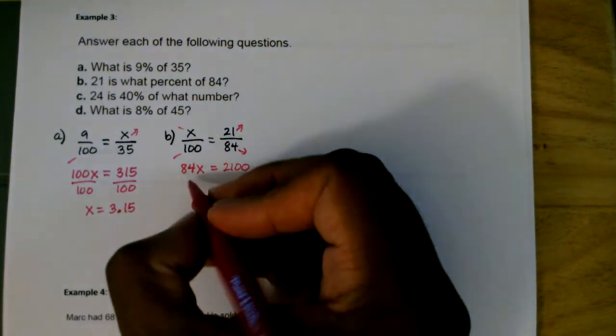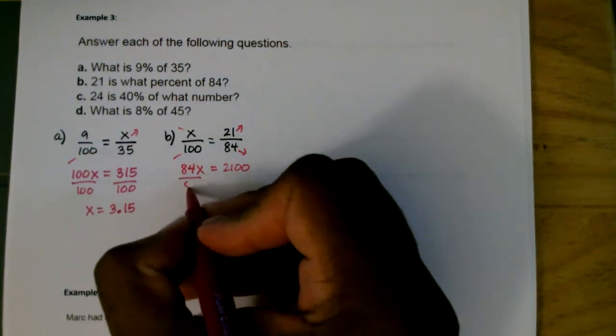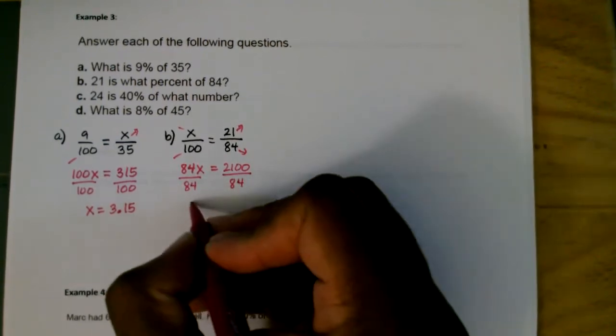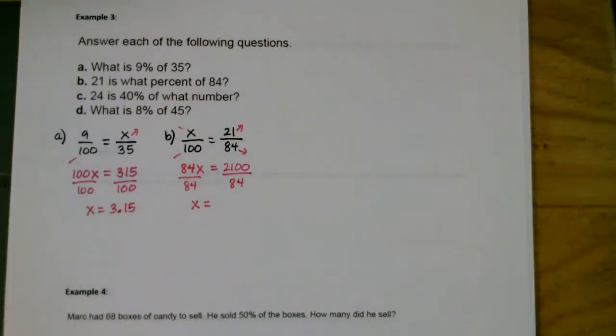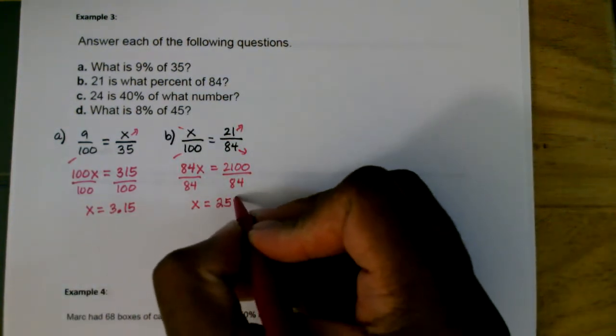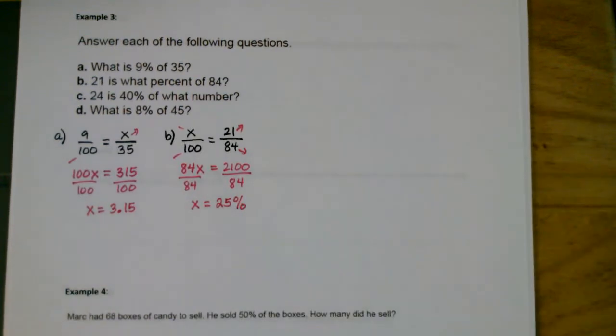And to solve for X, I'm going to divide both sides by 84. So here I'm going to have 2100 divided by 84, which will give me 25. Now we're looking for what percent, so we must include the percent sign. So X is equal to 25%.